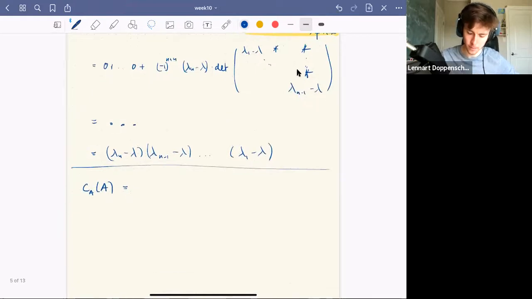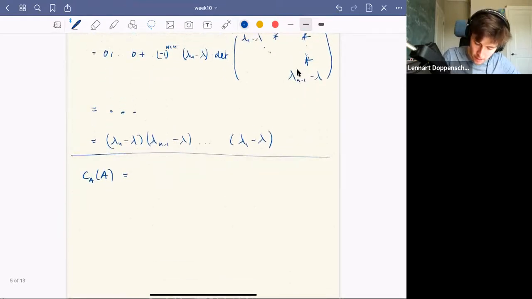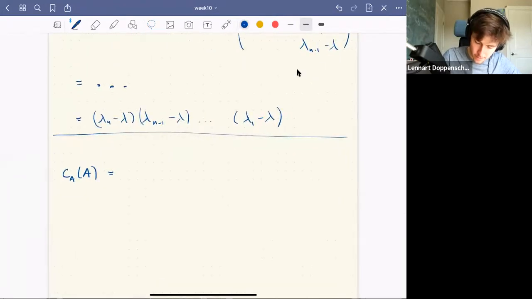All right, so when we do this, we have I n times lambda n minus A. We have I n times lambda n minus 1 minus A, and so on.